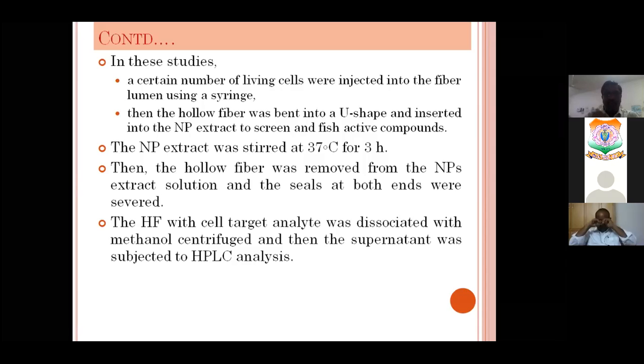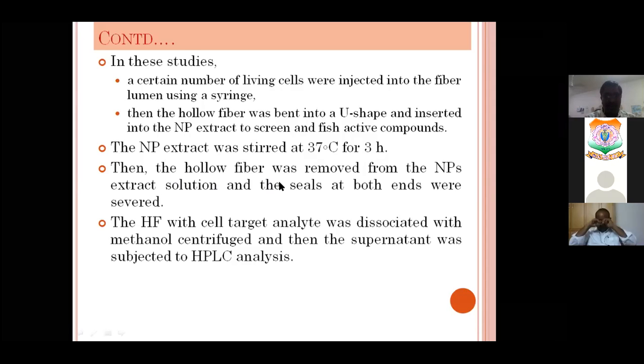Then that hollow fiber is bent like a U-shape and inserted into the natural product extract culture flask, and allowed to bind to the active compound. The active compound will bind to those fibers. Then the natural product extract is stirred at 37 degrees.